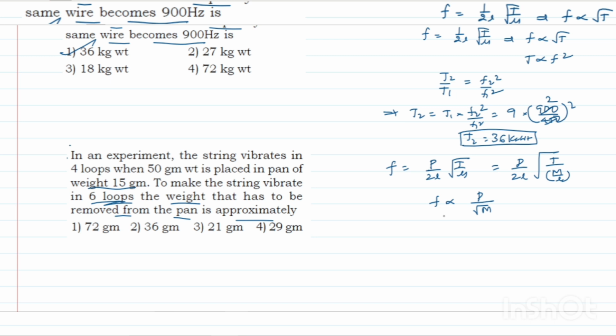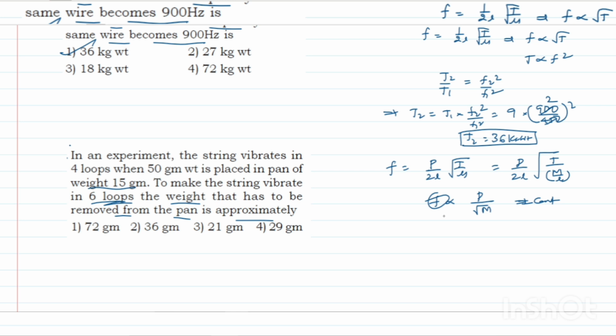So here, to make the string vibrate, the frequency can be taken as constant, and p is directly proportional to root m. Mass per unit length, so p by root m you can take as constant, students.